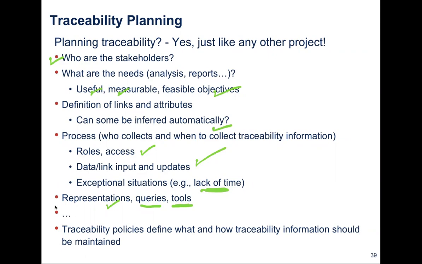So during traceability planning, we cared about identifying stakeholders, the analysis and reports, definition of links and attributes, the main process of traceability planning, and representations. So what are the main factors that we should consider in all of these steps?